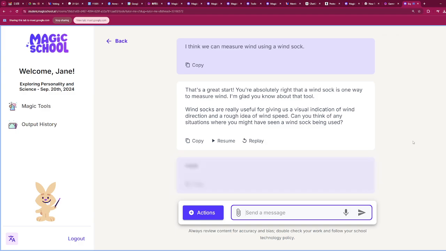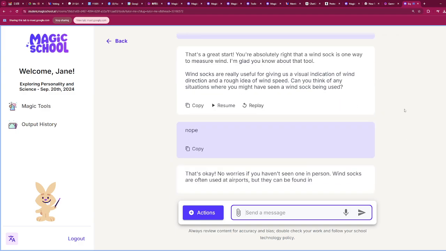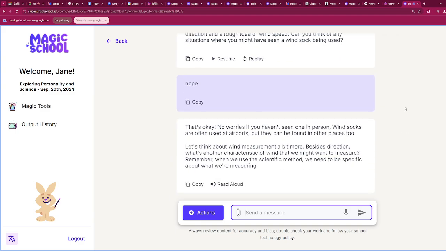Nope. Let's think about wind measurement a bit more. Besides direction, what other characteristics of wind might we want to measure? When we use the scientific method, we need to be specific about what we are measuring. Wind speed.